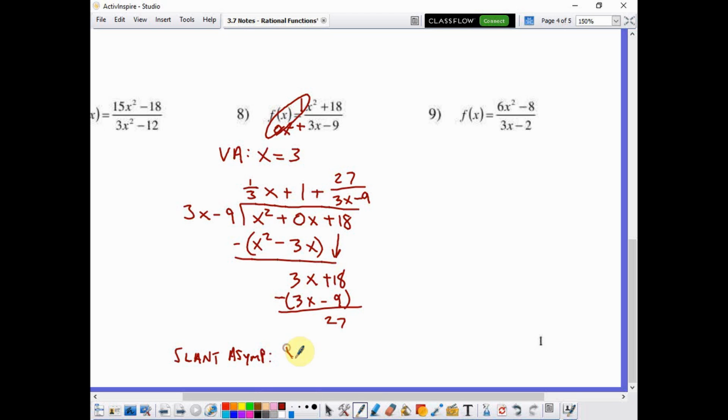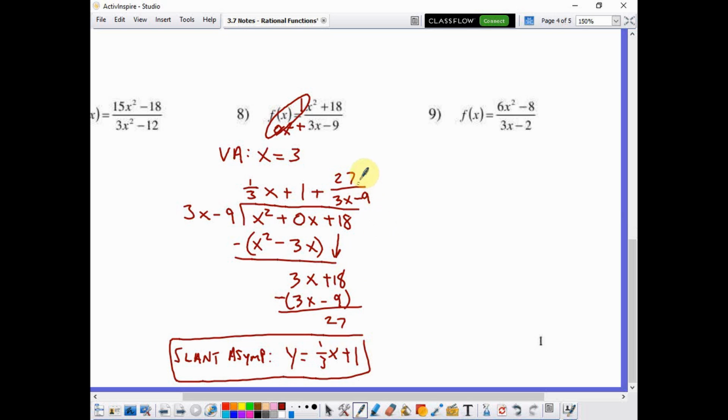And that is at y equals 1/3 x plus 1. And I leave it at that, 1/3 x plus 1. I don't put that denominator or that remainder in my equation.